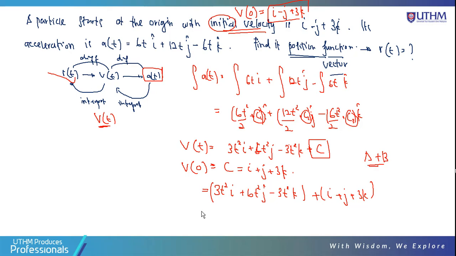So you will get 3t square plus 1 i, so plus 6t plus 1 j minus 3t square plus 1 k.